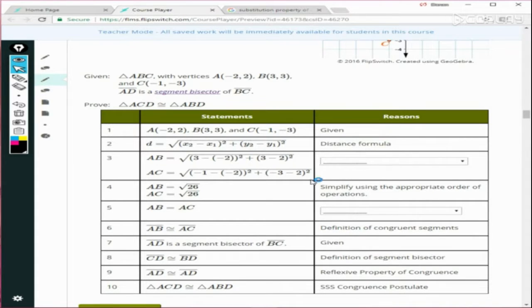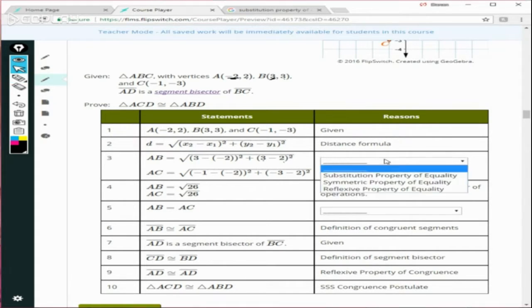So let's go and look. So we had the distance formula. We had x2, x1, y2, y1. So let's check. Is 3 an x2 value? Yes, right there. -2 is the x1 value. Same thing, y2 was 3 and y1 was 2.